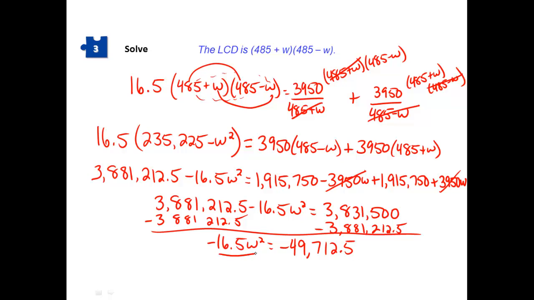Okay, so we're going to divide by negative 6.5. And once we get that, we're going to square root our answer to get w. And we should get about 55 miles per hour.